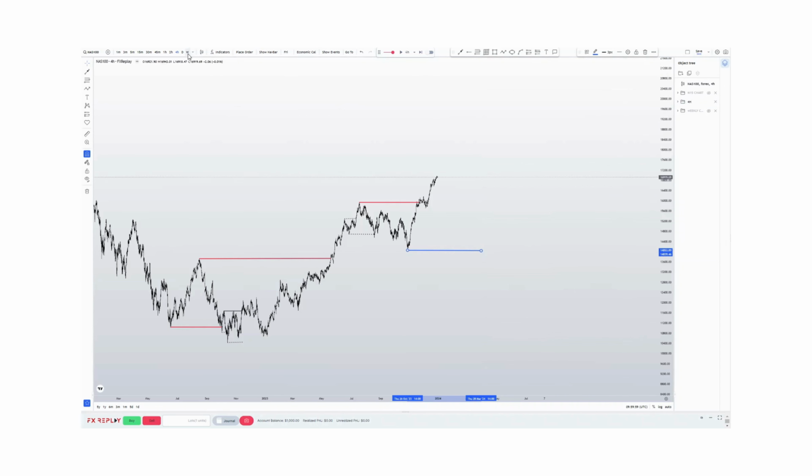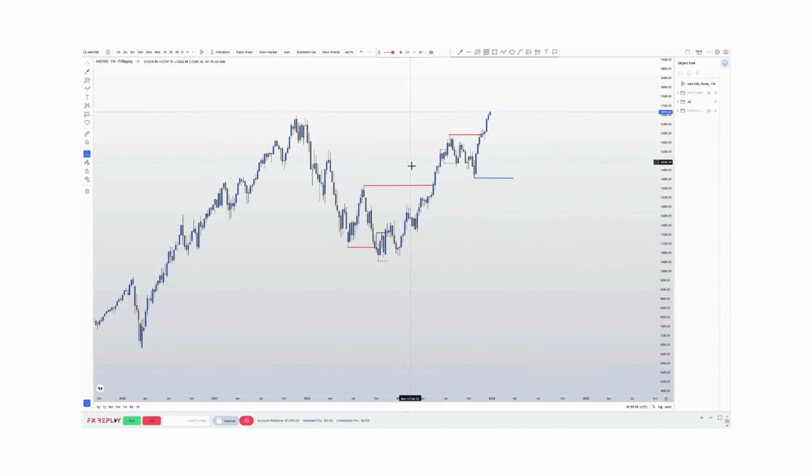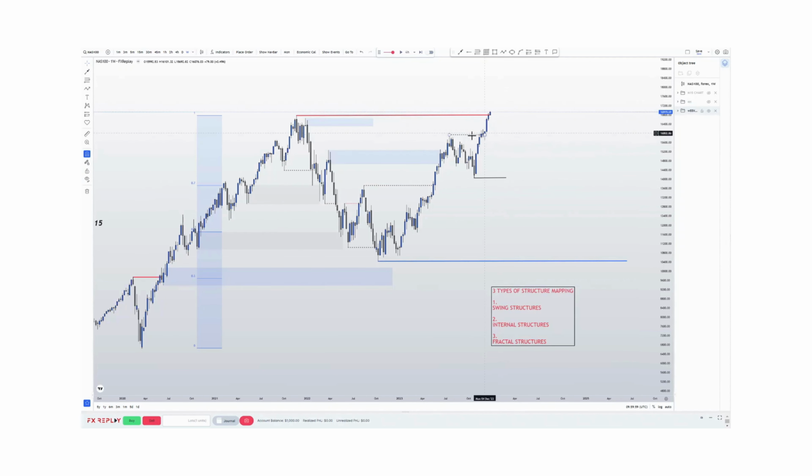So on the weekly, you can see that our H4 swings are forming the weekly internal structures.